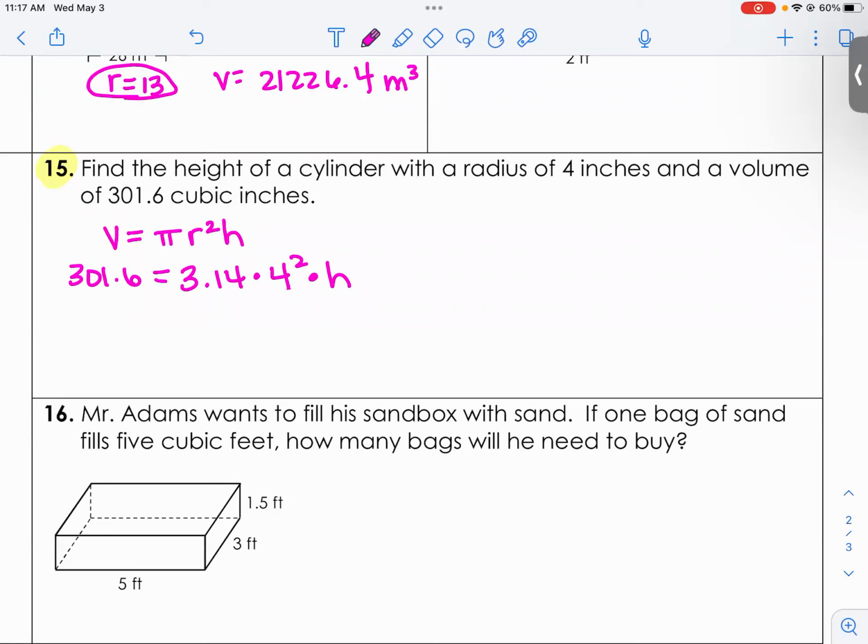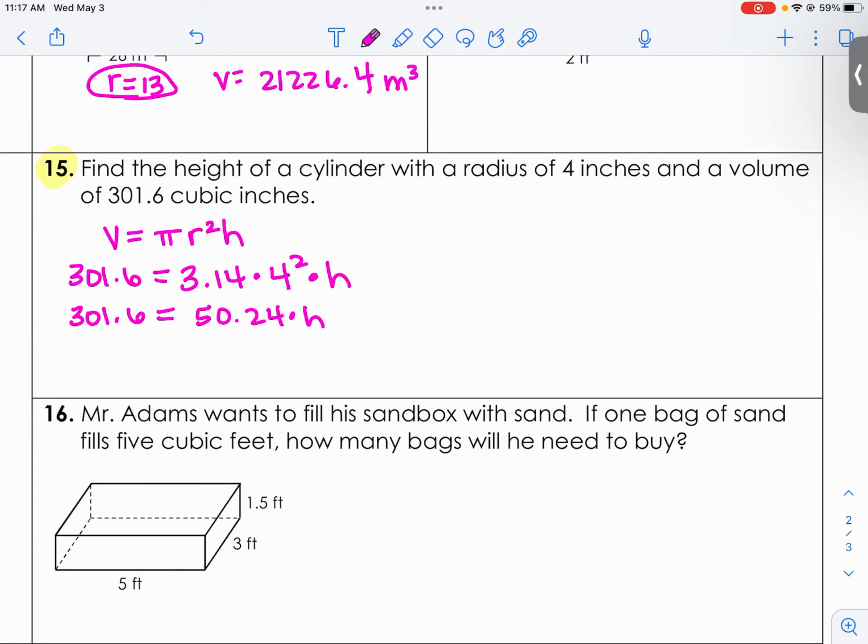Okay, can you please take for me 3.14 times 4 times 4? Do that. 50.24. Okay. So I took 3.14 times 4 squared, and you're telling me it's 50.24.